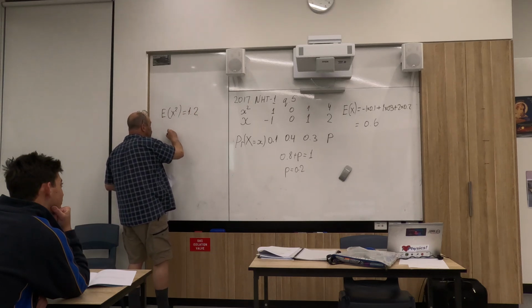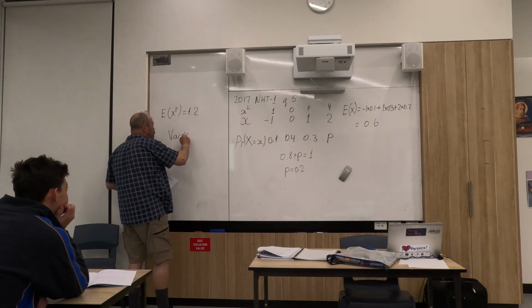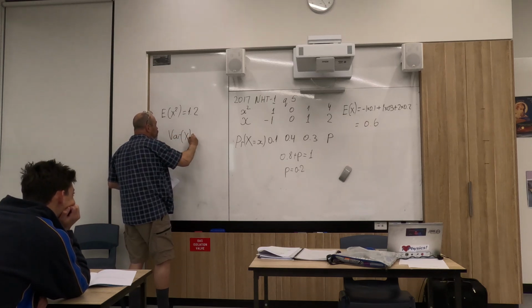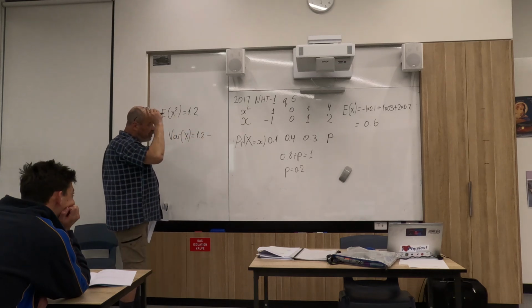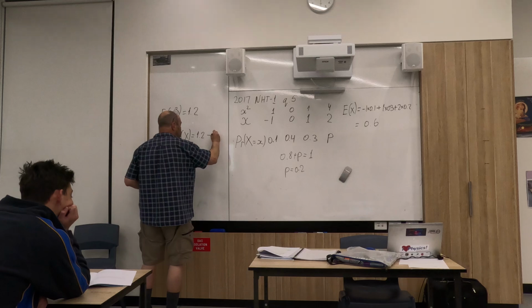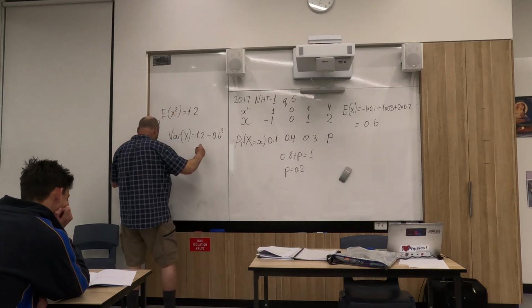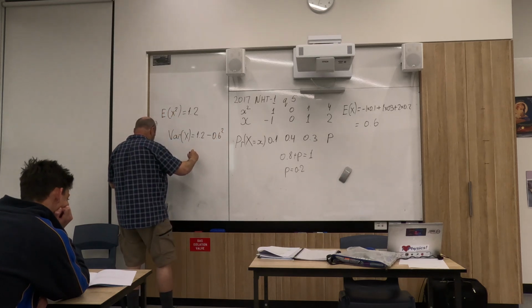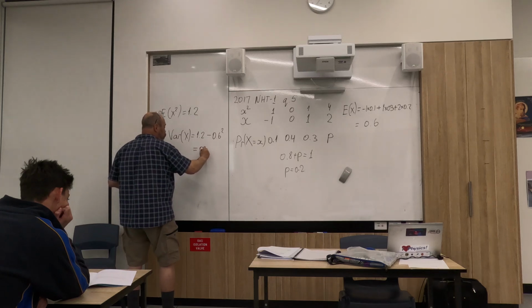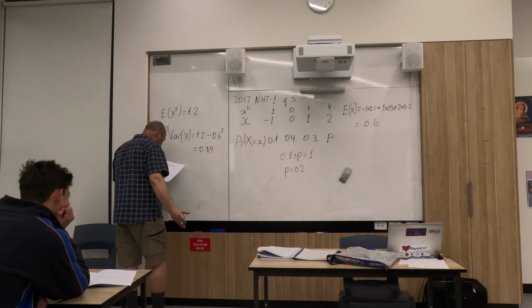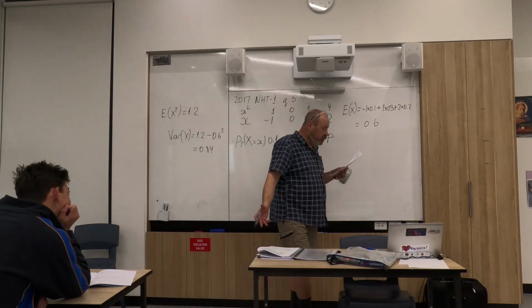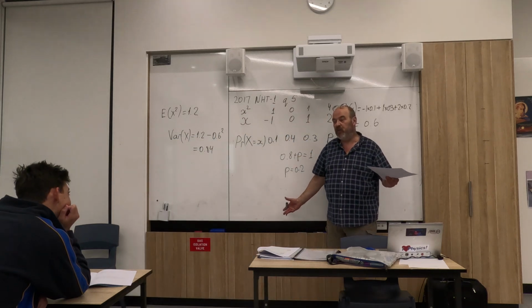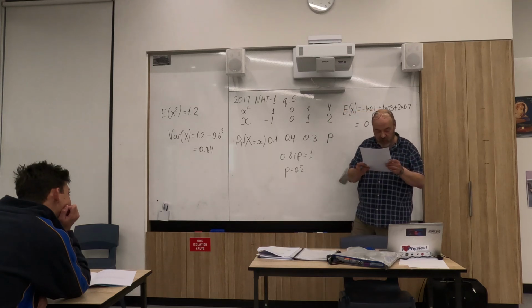Then the variance of X is 1.2 minus 0.6 squared, which equals 0.84. So that's very easy, a piece of cake, 4 marks in no time in your pocket. That is really easy.